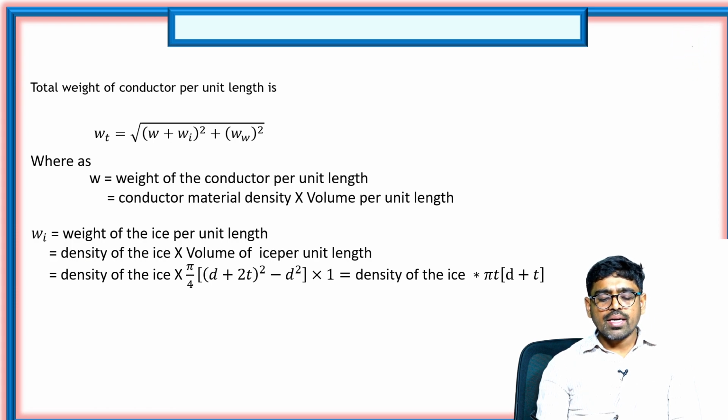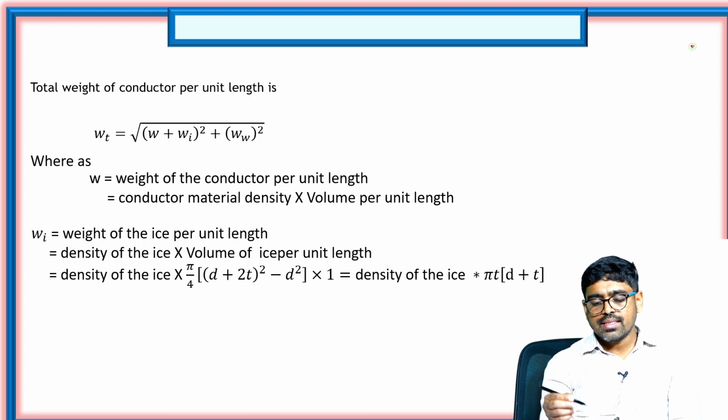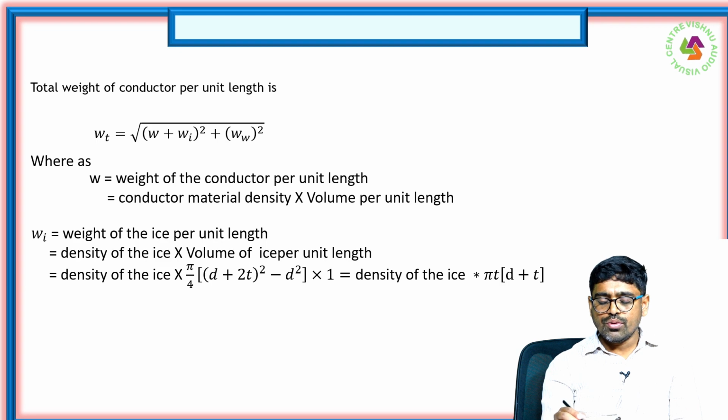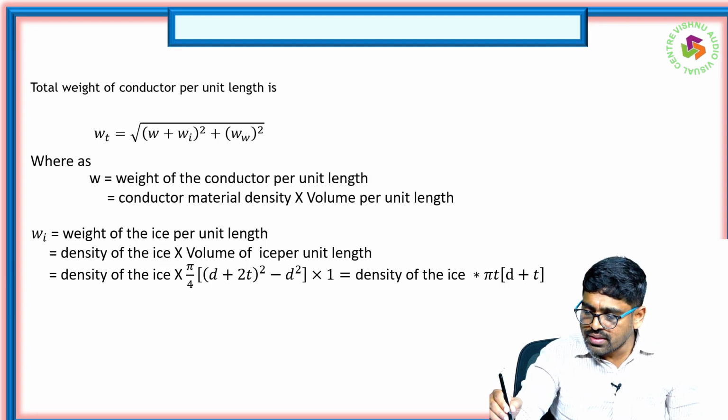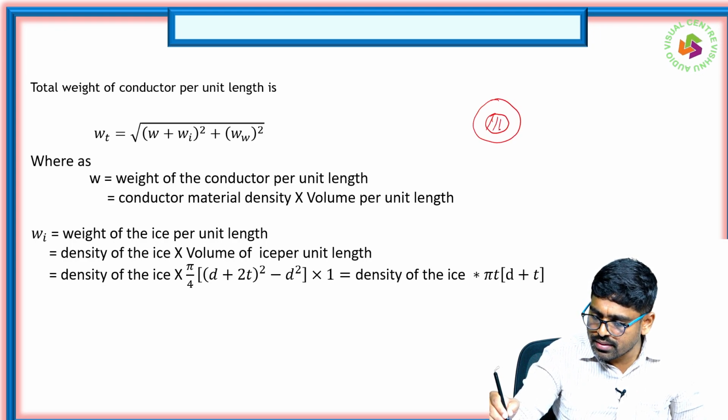Weight of the ice per unit length can be calculated as density of the ice into volume of the ice per unit length. This volume of the ice we can see: it is a conductor and it has an ice coating of thickness t, and the conductor diameter is d.